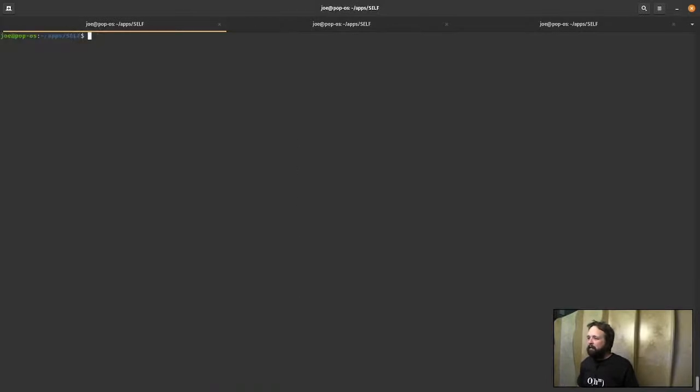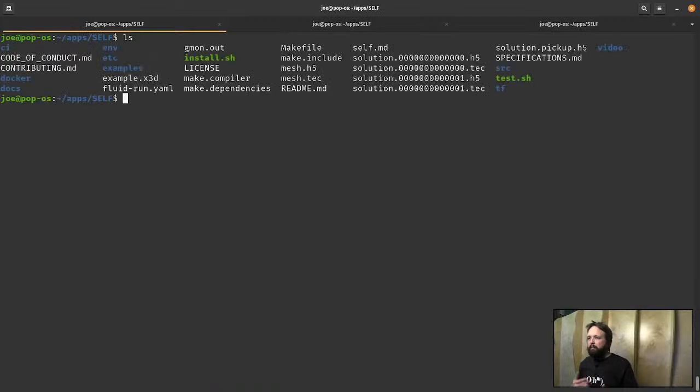That's pretty nice. To do the build process, we've tried to make it pretty easy. For continuous integration, when you open a pull request with SELF, we use Google Cloud Build to execute builds for various GPUs. Right now we have builds defined for V100s and MI100 GPUs, and they do double and single precision, so there are four different builds that get kicked off when you open a pull request.